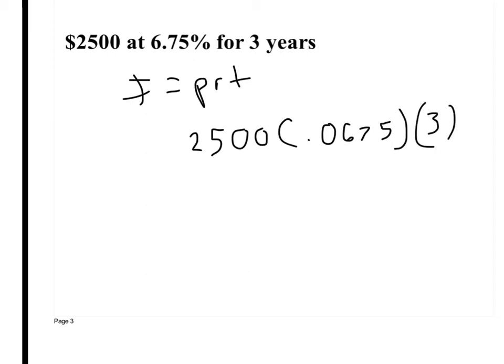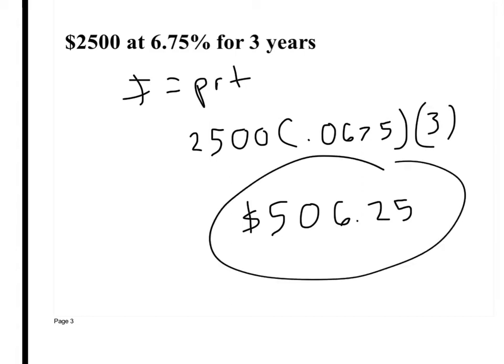It's in years, so I can times by 3. 2,500 times 0.0675 times 3 gives you 506.25. This is how much extra you would pay. If it asked for how much you would pay total, you would add that to your principal. So you would pay a total of $3,006.25 on this if it was a car loan. That's how much you pay on your car.